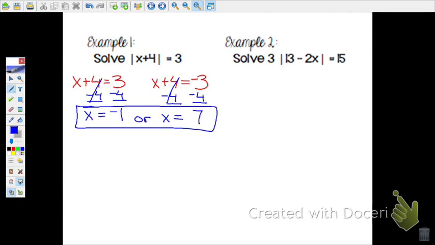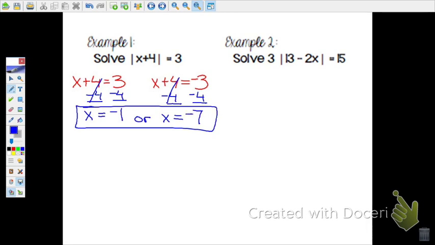And then again, it tells you to check your answer to make a true statement. If I put negative 1 in here, negative 1 plus 4 is 3. The absolute value of 3 is a positive 3. If I put 7 in, negative 7. Okay.